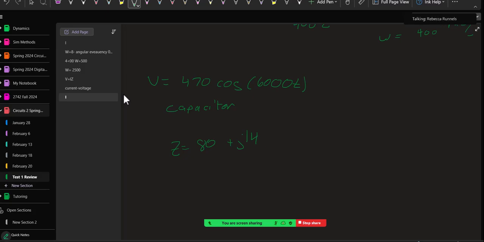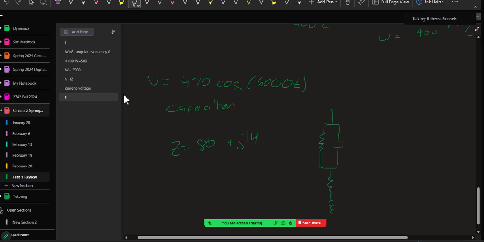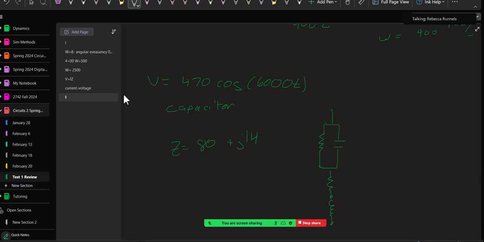We had a resistor in parallel with a capacitor. And that whole thing was in series with a resistor and an inductor. And the question is, what is the voltage across the capacitor. Okay, so we know the total voltage is 470 angle 0.